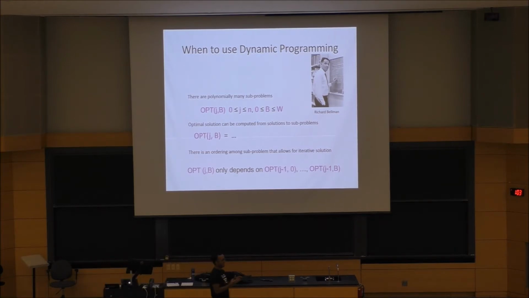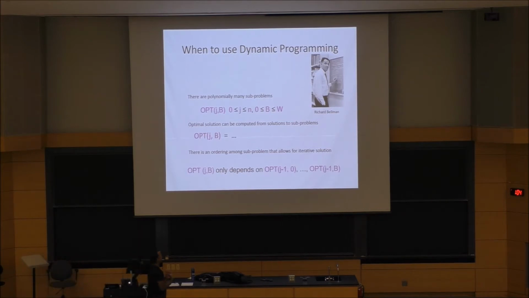So the algorithm essentially then is you have this n plus 1 times W plus 1 matrix. The 0th column is all zeros, and then you just keep on filling the columns one by one till you fill in the last column, and then you output the top right entry, which is opt of n comma capital W, which is what you're interested in. Again, this only gives you the maximum value that you can get out of the maximum weight.